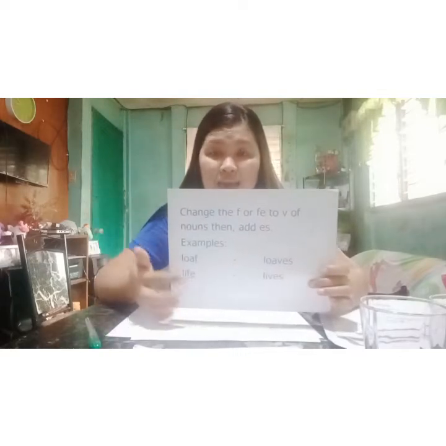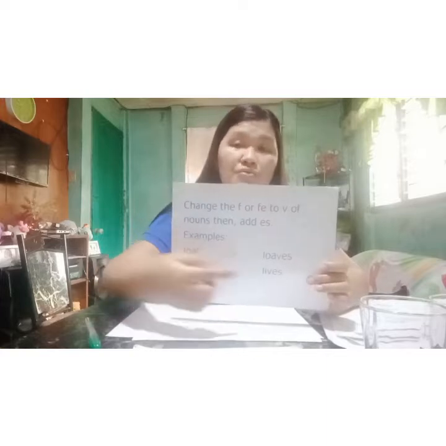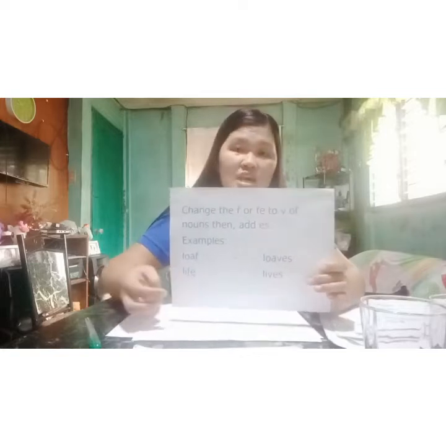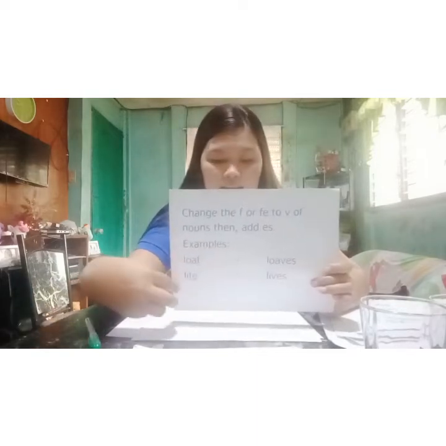Loaf ends with F, so you change that to V, then you add ES. Another example, life, which ends with FE, change them to V, then you add ES. Life becomes lives.